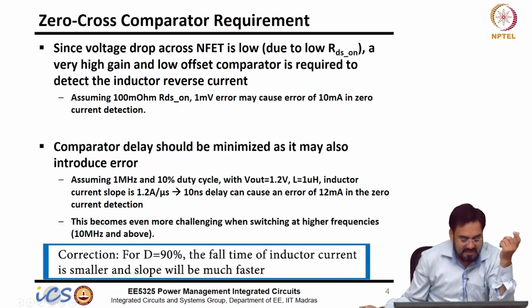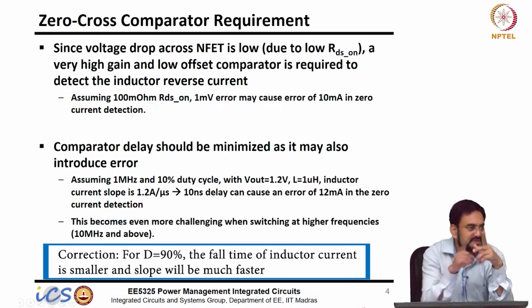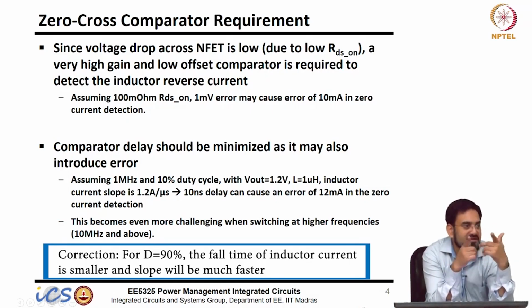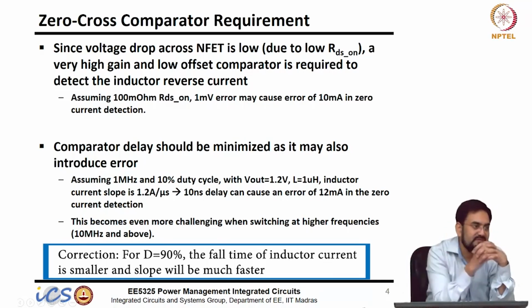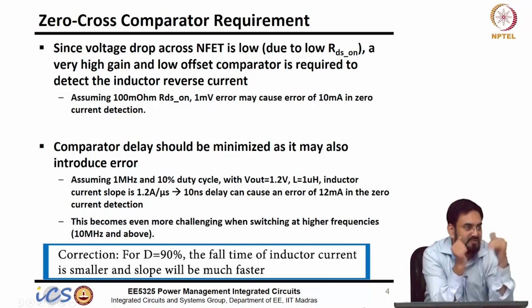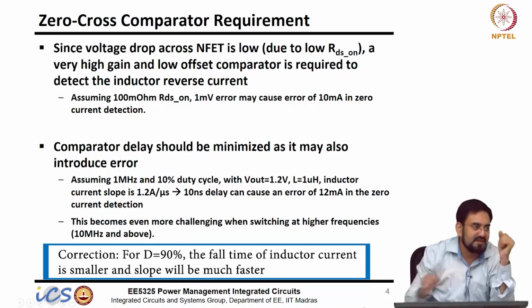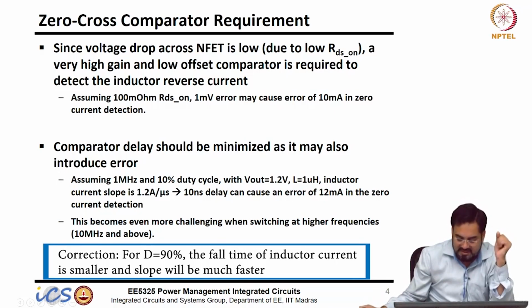Let us say I am operating at 1 megahertz and 10% duty cycle, which means the duty cycle is very low. So the fall time of the current will be smaller, and the slope will be much faster at lower duty cycle.